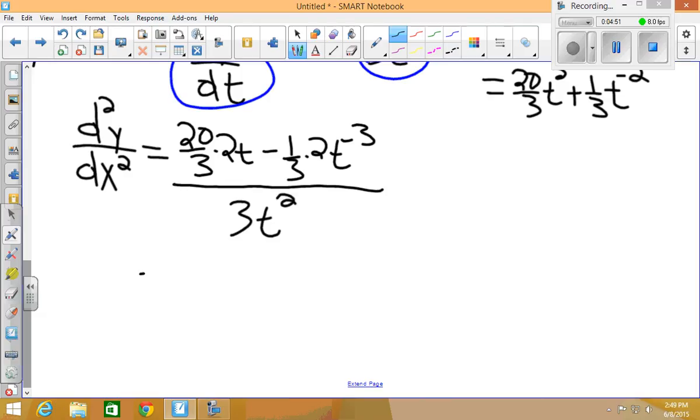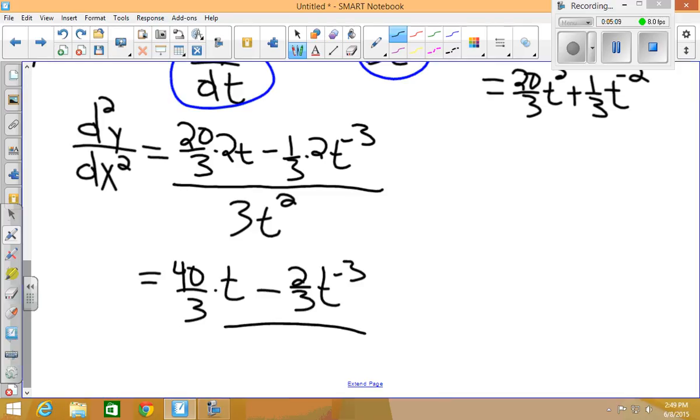So simplifying some of this, 20 over 3 times 2 is 40 over 3 times t, minus 2 times 1/3 is 2/3, t to the negative 3, and then divided by 3t squared.